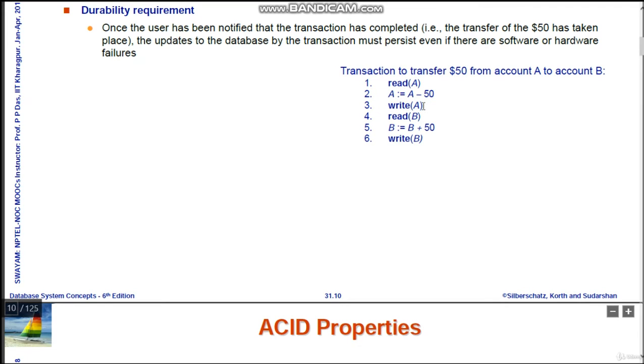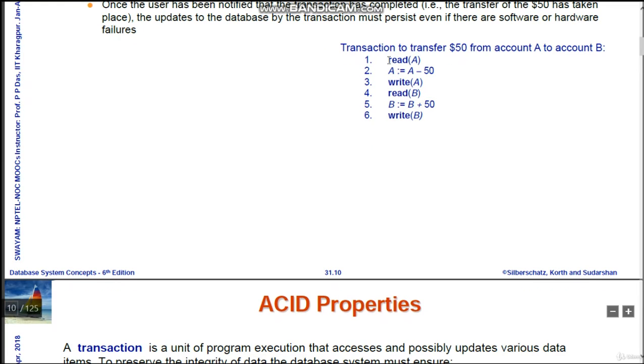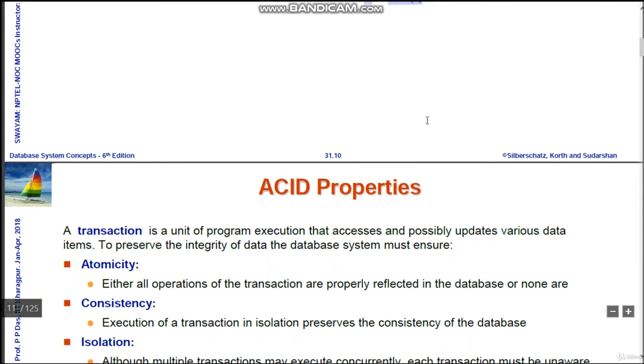It has executed nothing. If our transaction runs all these instructions, then we say our transaction is done. So if it is running all the instructions, then our transaction is properly atomic, and otherwise not atomic.